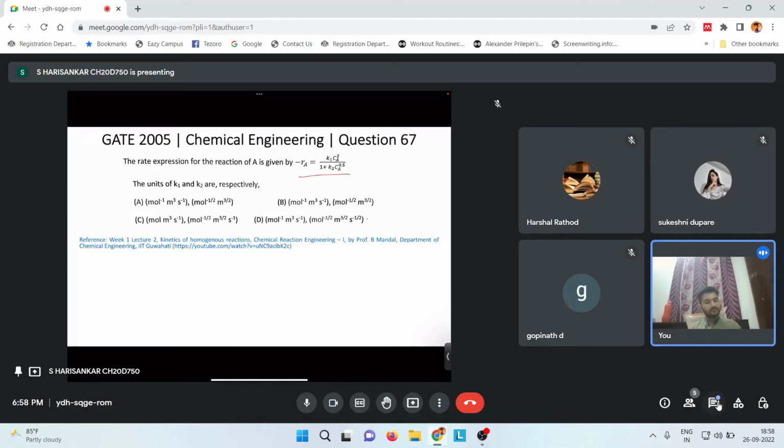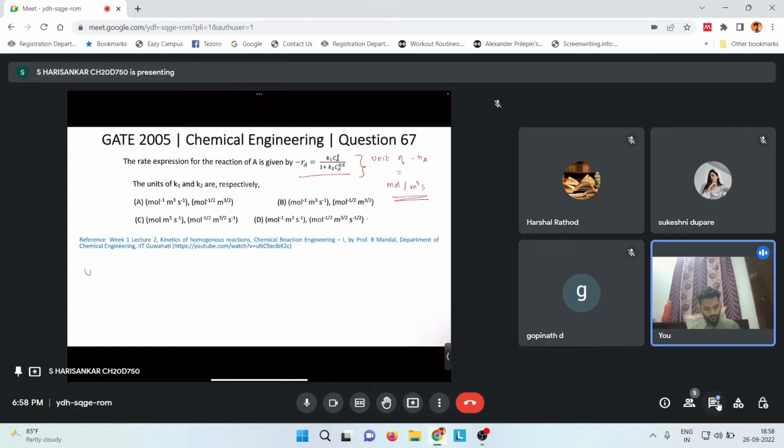The first thing you need to remember is the units of rate of reaction. So unit of minus Ra will be mole per meter cube second. Okay.